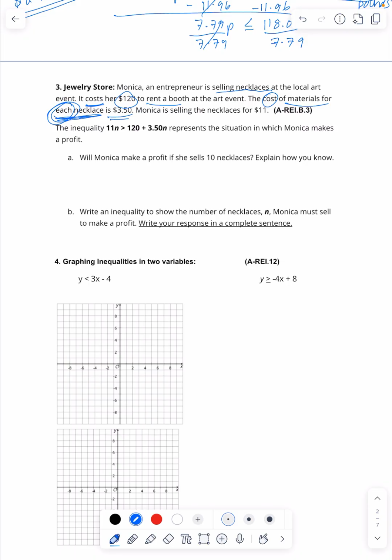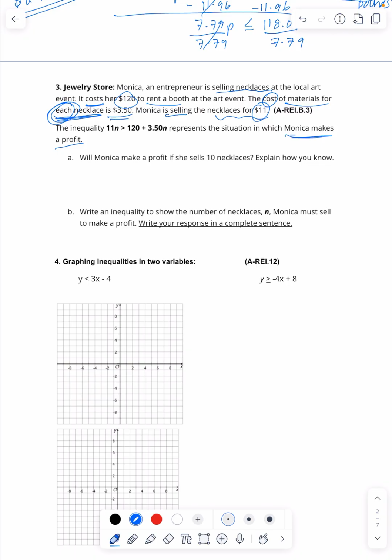And Monica is selling the necklaces for $11. And then it says the inequality 11n is greater than 120 plus 3.50n represents a situation in which Monica makes a profit. So this inequality here represents where Monica will actually be making a profit.